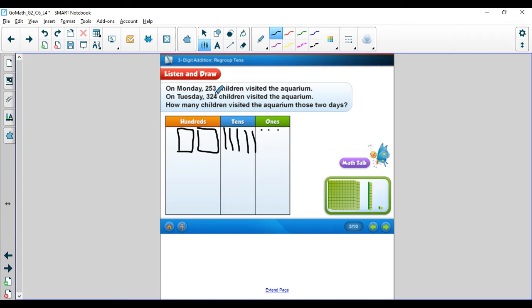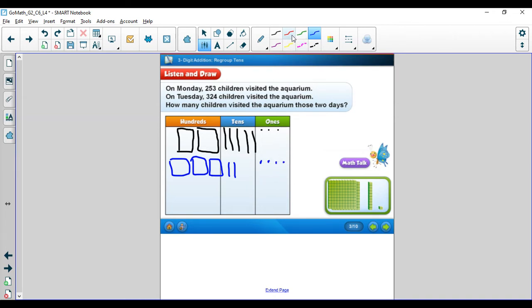On Tuesday, 324 children came. So I'm going to draw 1, 2, 3 hundreds, 2 tens, and 4 ones.